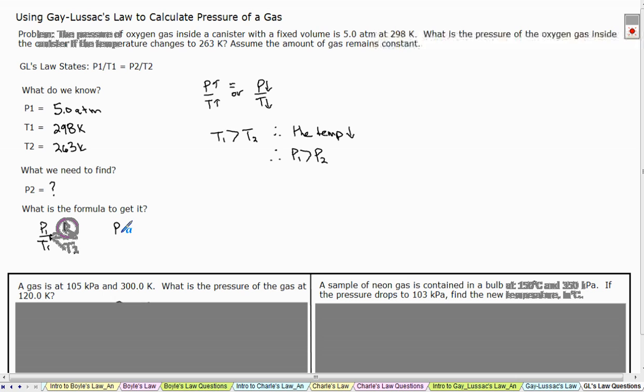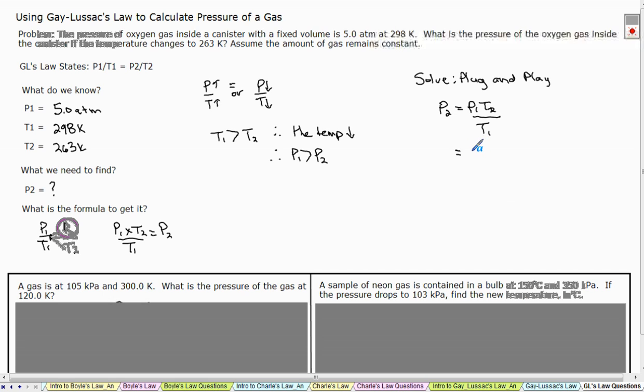So P1 times T2 over T1 is going to be equal to my second pressure, P2. So now we'll solve for it, where we plug and play. So P2 is equal to P1 times T2 over T1.